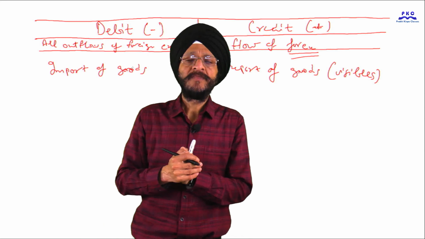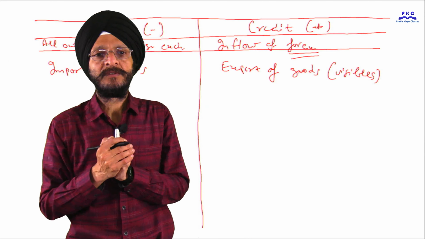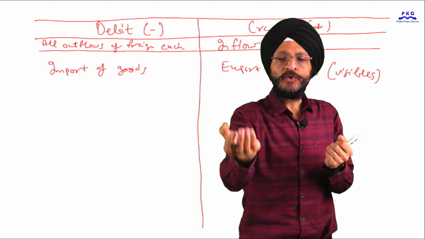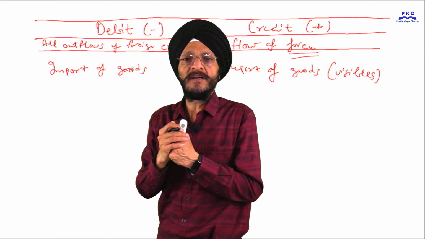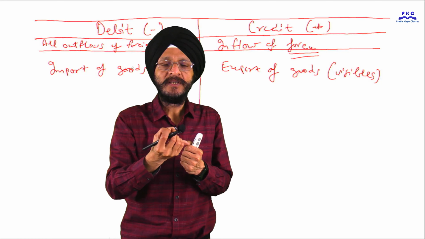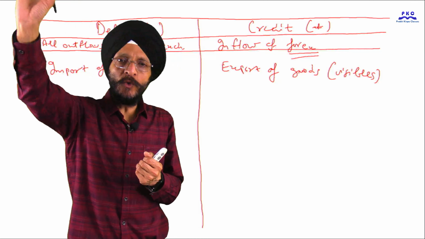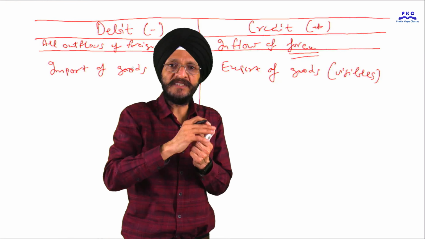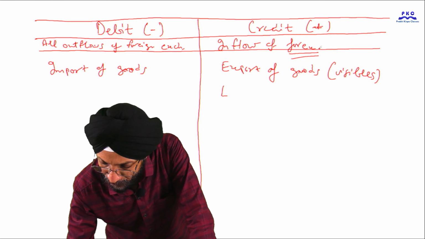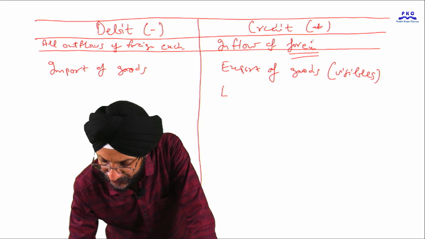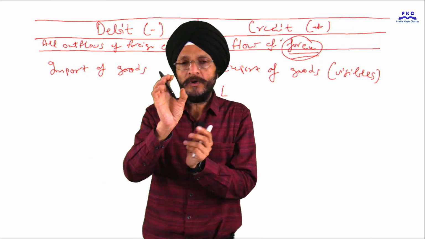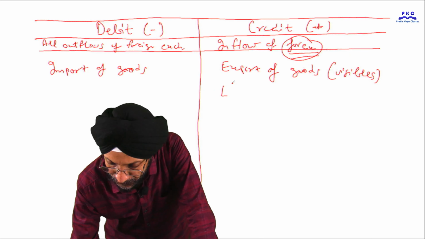In the same way, if we export services like banking, insurance, shipping, etc., then it will result into inflow of foreign exchange. As we will give service to other countries, they will give us foreign exchange. Though we are writing forex, you are to read it as foreign exchange. Do not write it short in exams.